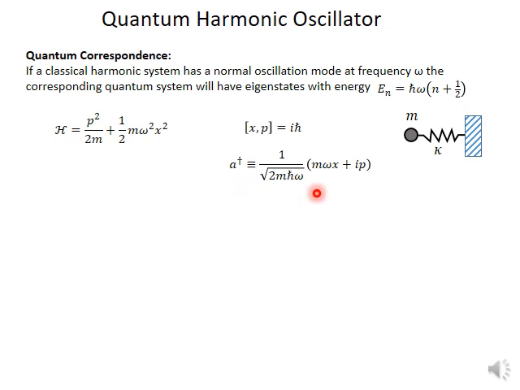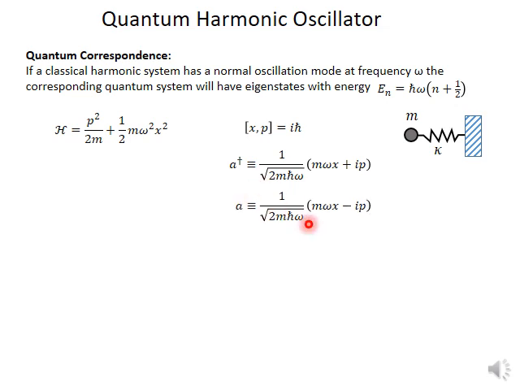So what we do to solve this problem, one way to do it, is to construct a certain type of operators, let's say a dagger, using such an expression where I have used these two dynamical operators x and p, utilizing the properties of the mass spring system.